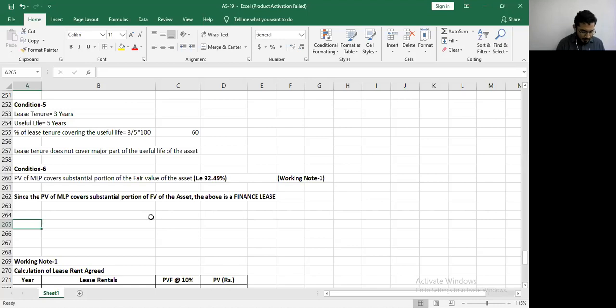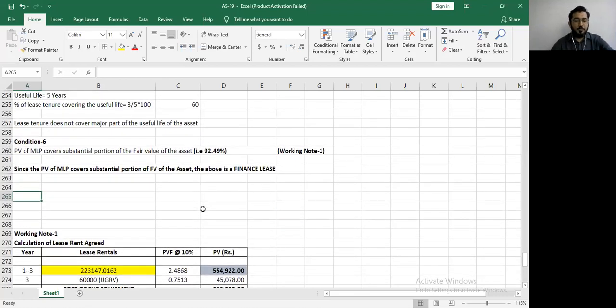Put that statement: the above is a finance lease. Okay, fine. The first part of the question is done.